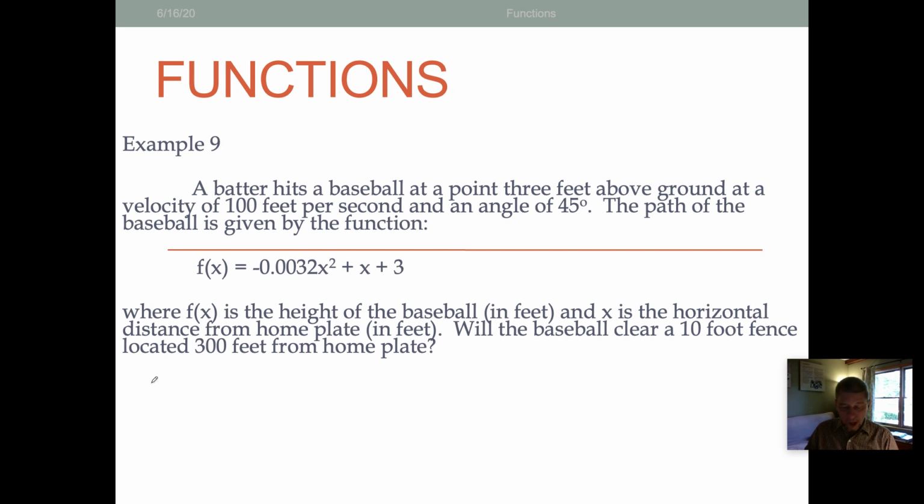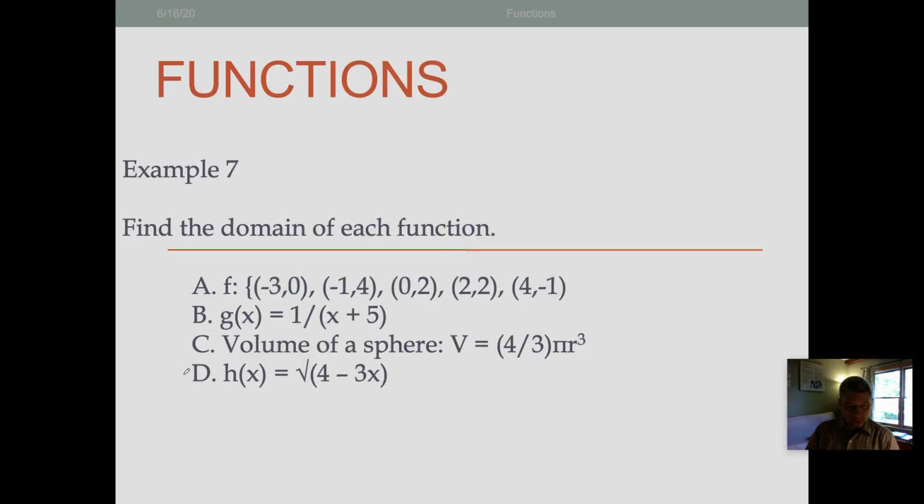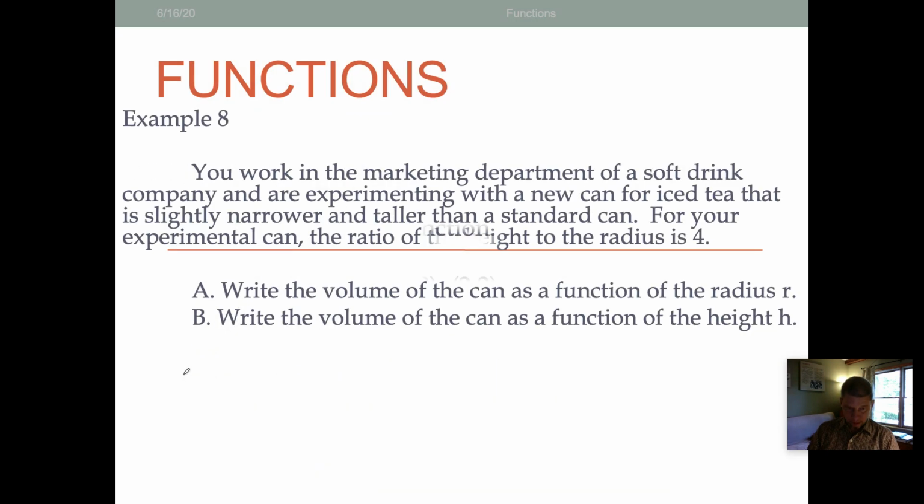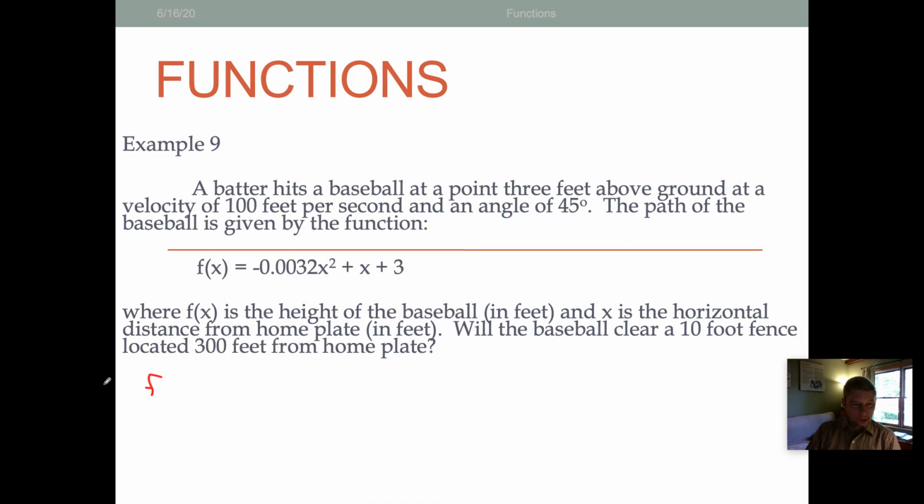So, in order to do this calculation, we are going to represent this as f of 300. x is the horizontal distance from home plate, so 300 feet from home plate.